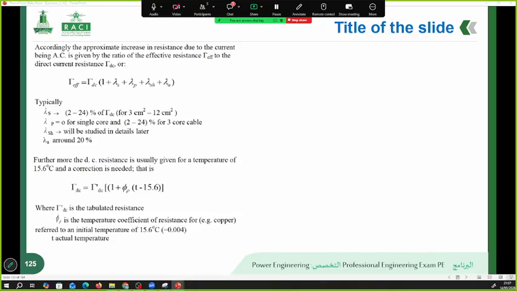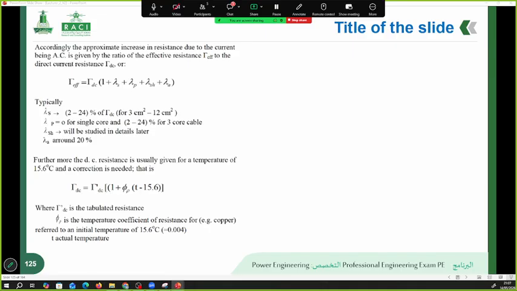So the effective resistance, denoted as R effective, is expressed as the DC resistance R DC multiplied by a factor that accounts for several additional effects: skin effect, lambda S, proximity effect, lambda P, shield effect, lambda SH, and additional losses, lambda A. Together, these components quantify how AC current distribution and electromagnetic interactions within and around the conductor lead to higher resistance.